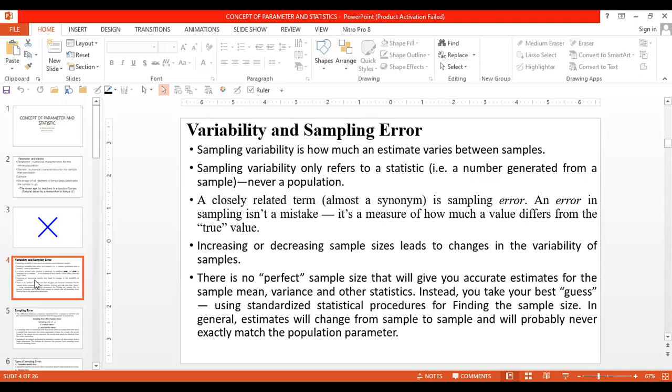And also, a closely related term, almost synonymous, is sampling error. I would say that an error in sampling isn't a mistake, but it's a measure of how a value differs from the true value. And we saw the other time that increasing or decreasing the sample size leads to changes in the variability of the sample.